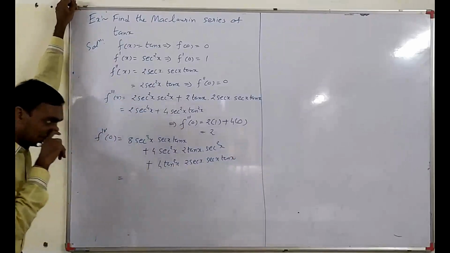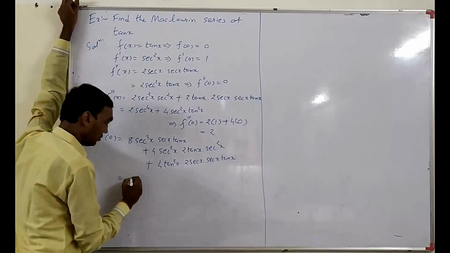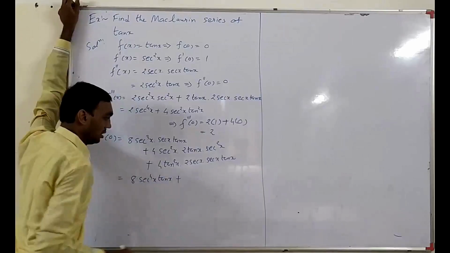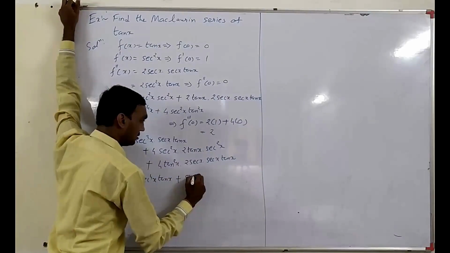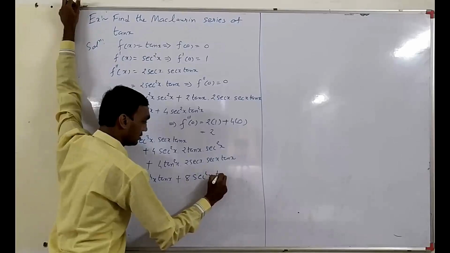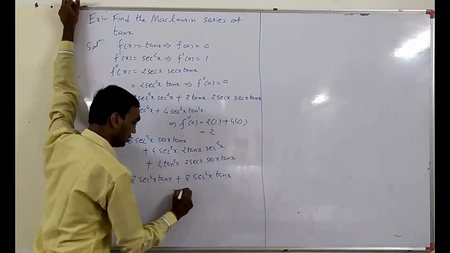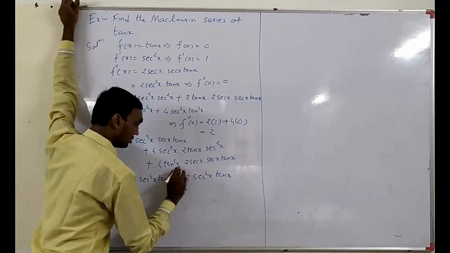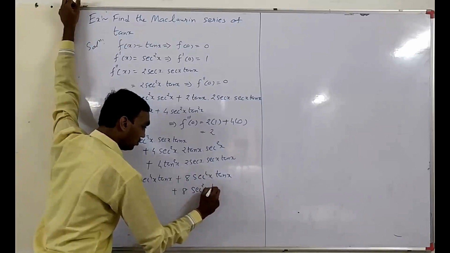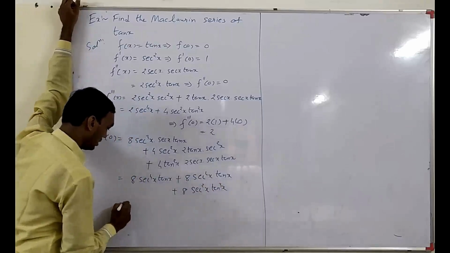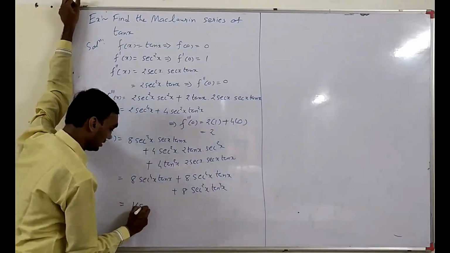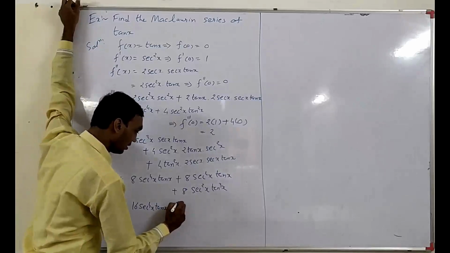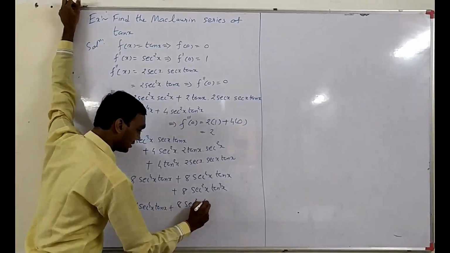And now simplifying it, that will give you 8 sec raised to 4 x tan x plus 4 into 2 is 8 sec raised to 4 x tan x, plus 4 into 2 is 8, sec square x into tan cube x. So basically you have 16 sec raised to 4 x tan x plus 8 sec square x tan cube x.